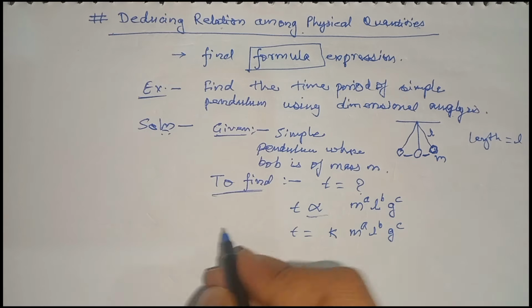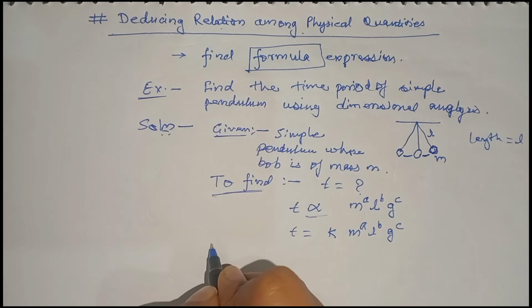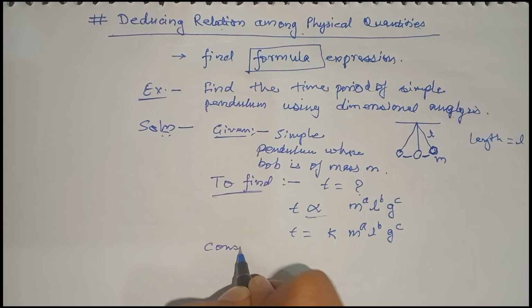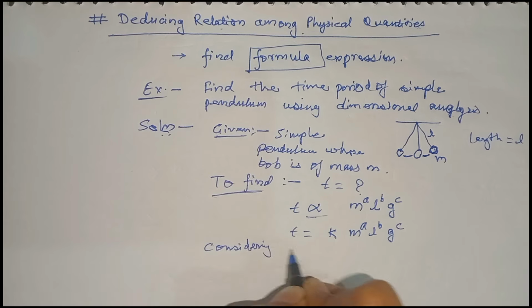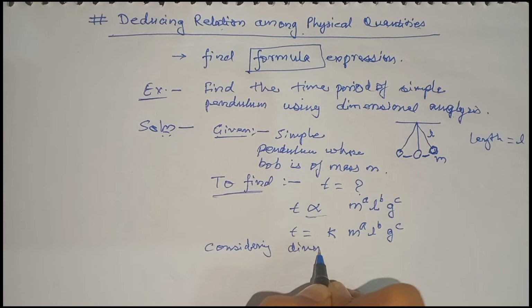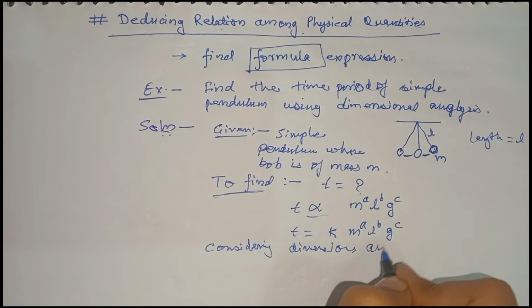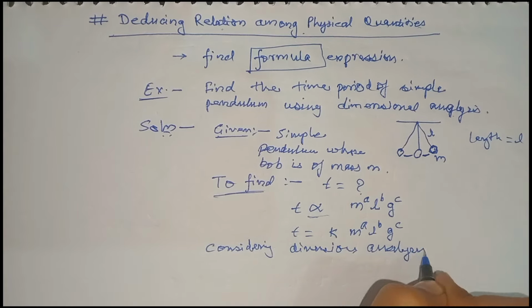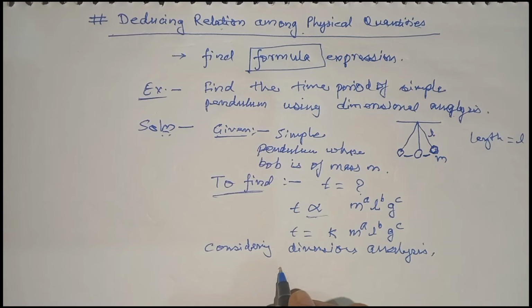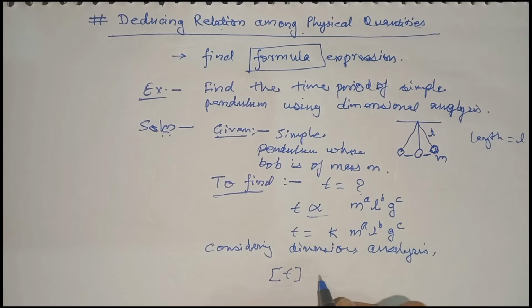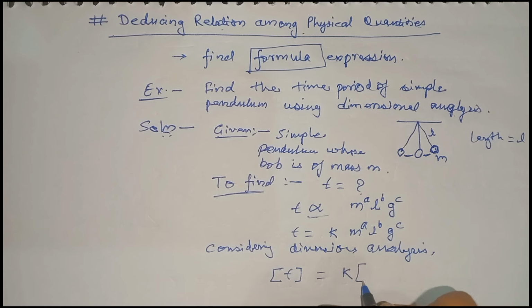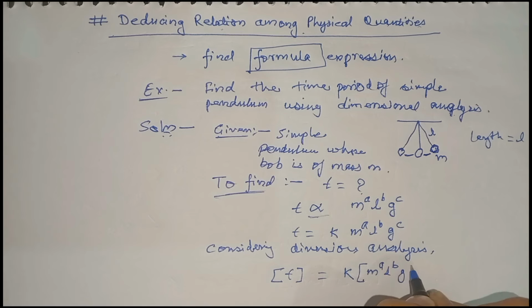Considering dimensions on both sides, or dimensional analysis, the dimension of T will be equal to the dimension of this one.